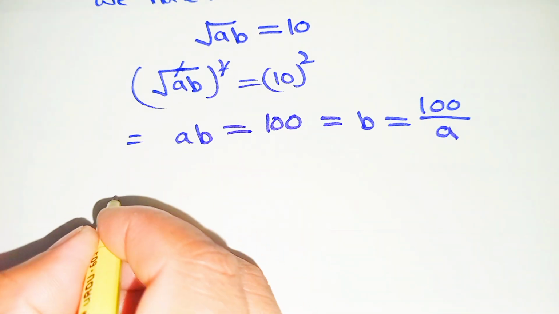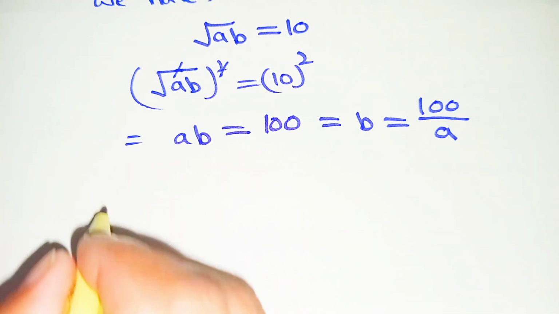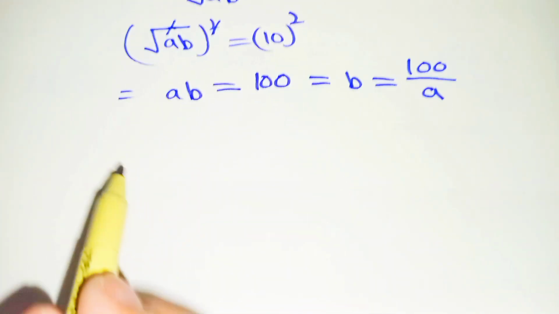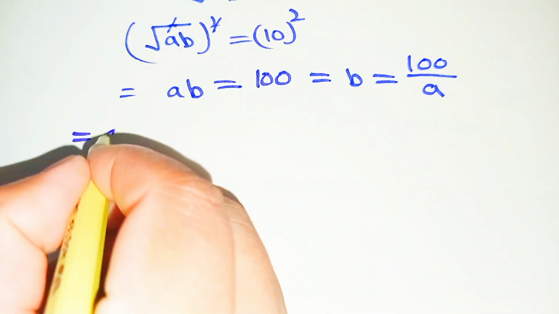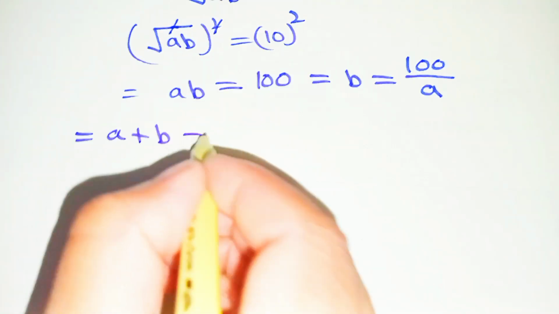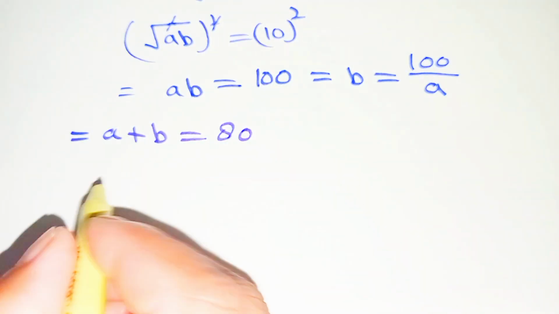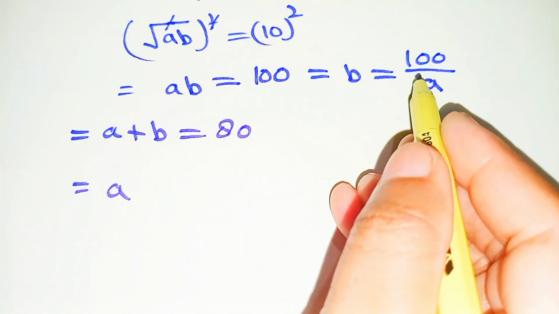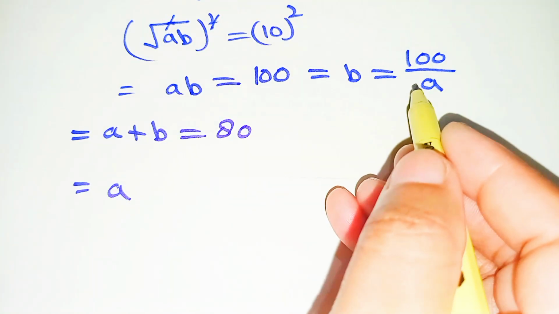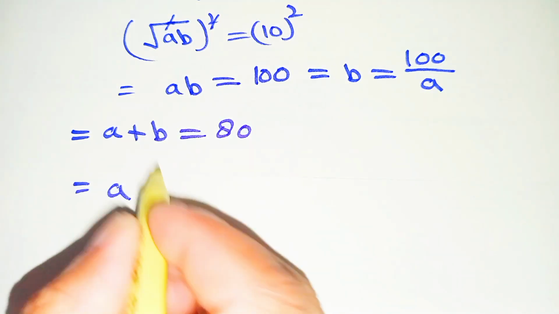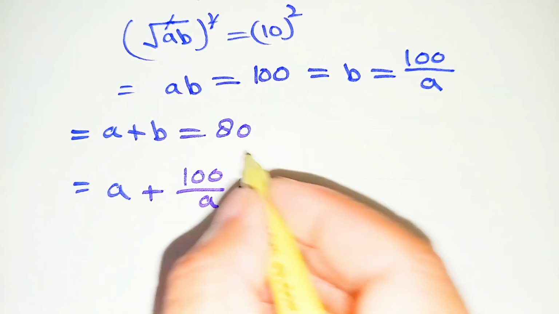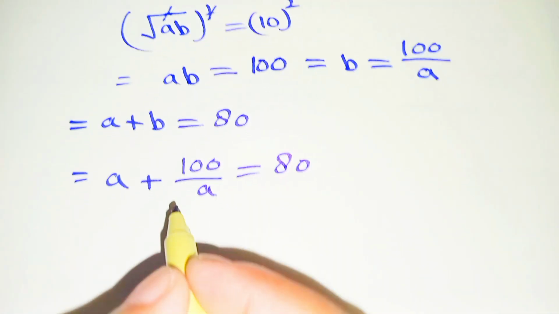So we can write a plus b is equal to 80. Now we put the value of b, which is 100 over a. So a plus 100 over a is equal to 80.